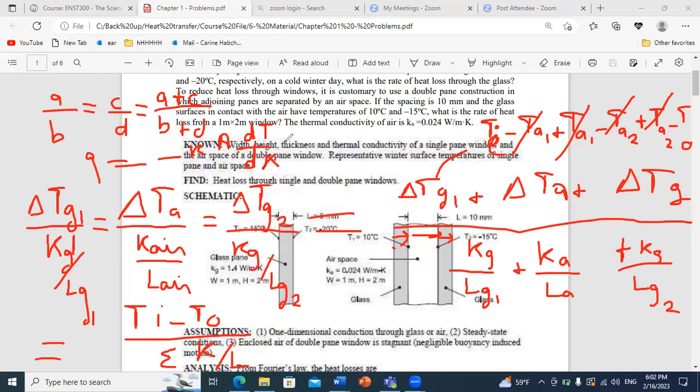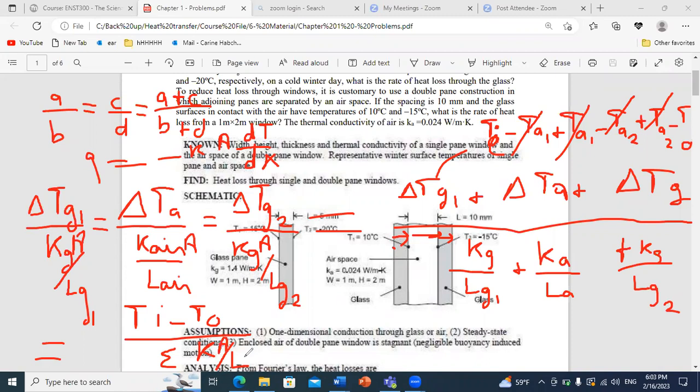When you write it, you can put A again for all your terms. You will not change anything because it will just be simplified. So you put K A over L for each term, and then you get T inner minus T out over the sum of K A over L.